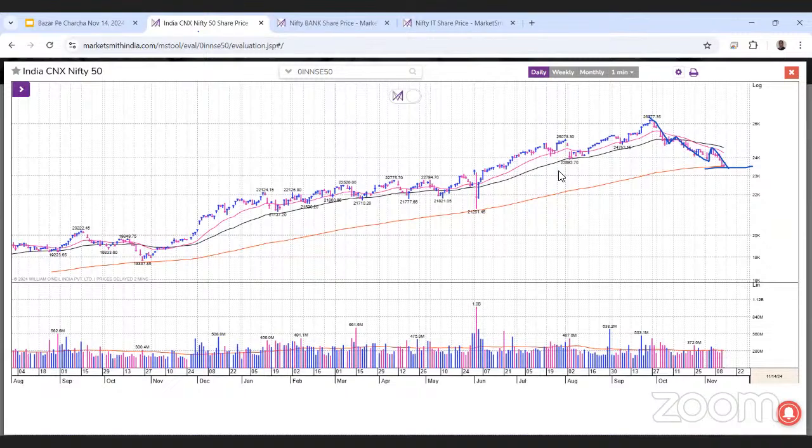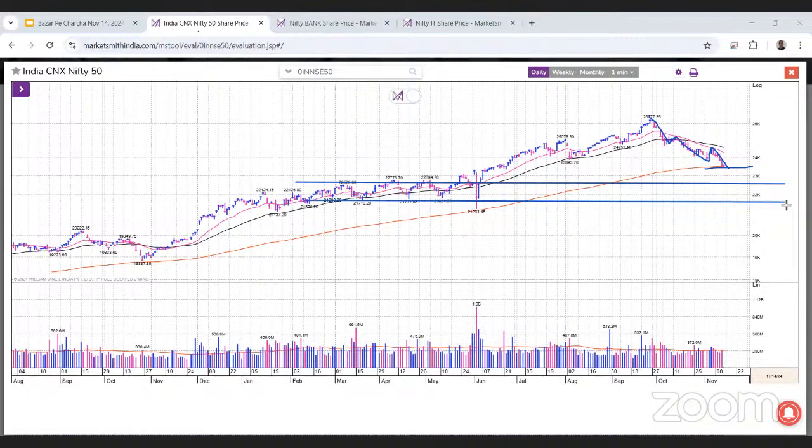So I can say multiple supports. But one thing is very clear: once we enter this particular price zone, then I can say we are in a confirmed uptrend. We have now entered a very strong support area.